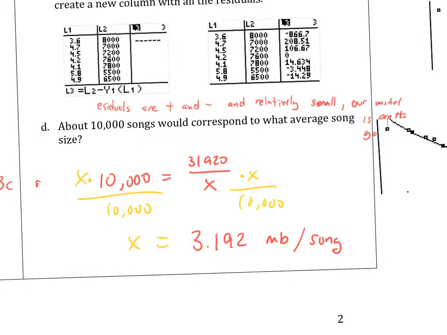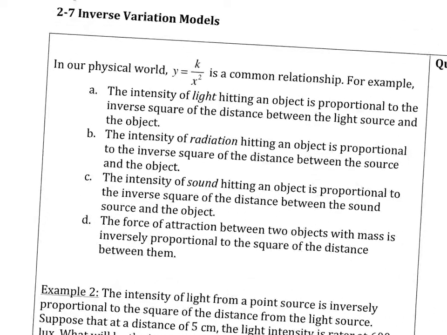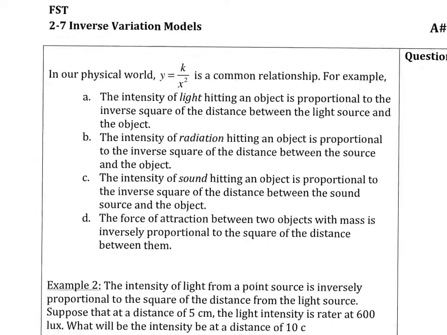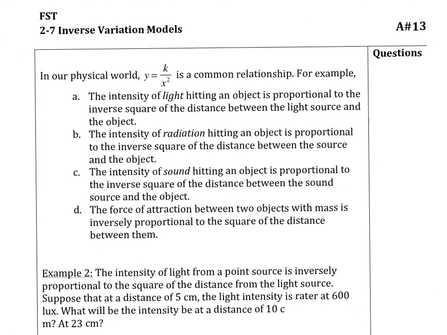And we can look at the trace to do that one as well. All right, the last thing we want to look at is something called the inverse square relationship. So let's look at this. In our physical world, y equals k over x squared is a common relationship.